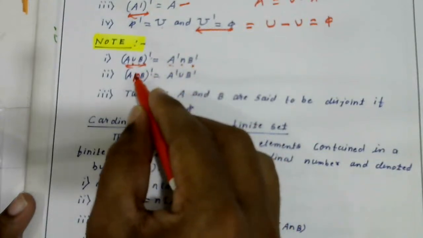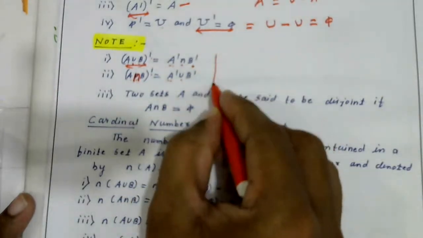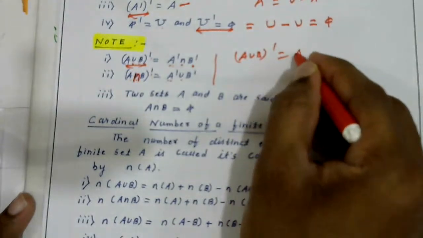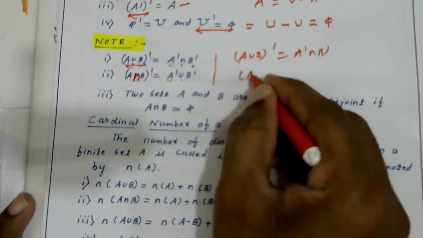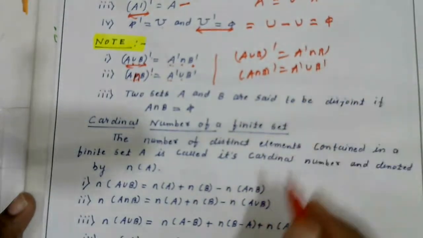So the complement of the intersection of two sets is equal to the union of their complements. So these are two important results. A union B whole dash equals A dash intersection B dash. A intersection B whole dash equals A dash union B dash.